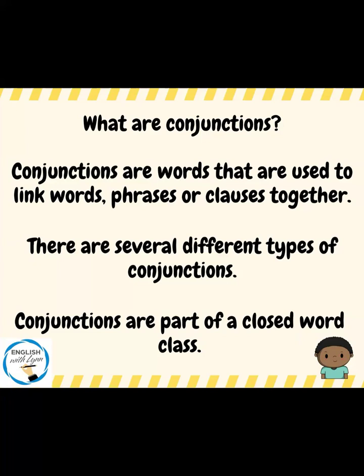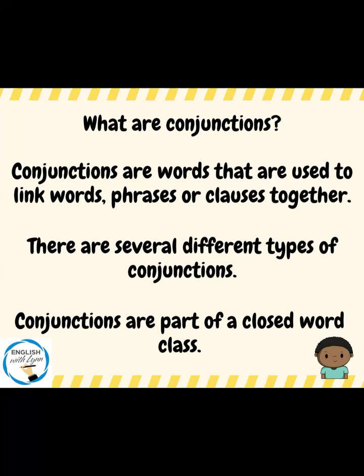subordinating conjunctions. Now, when we speak about conjunctions, they are part of what we call a closed word class. What that means is there are no other words that can be added to the list of conjunctions. So once you have learned them, you don't need to worry about other words being added into that group.